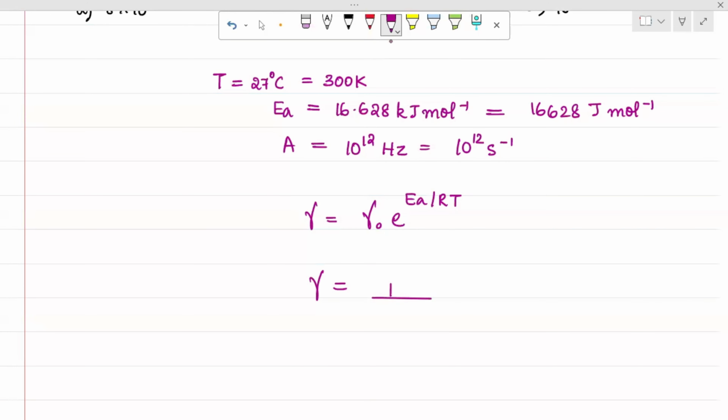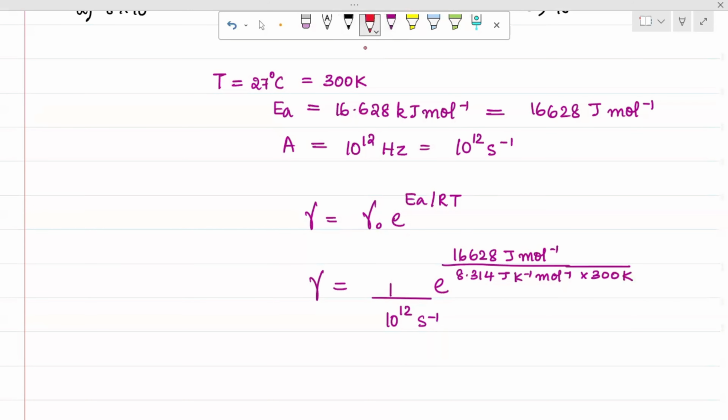So that is 1 by 10 to the power 12 per second. When it comes to the top, it will become second. E to the power EA. Activation energy is 16,628 joules per mole divided by value of R, which is 8.314 joules per Kelvin per mole. And you have the temperature, which is 300 Kelvin.